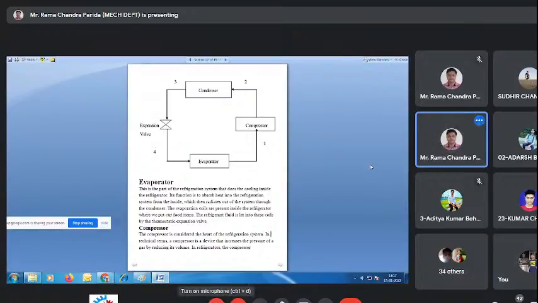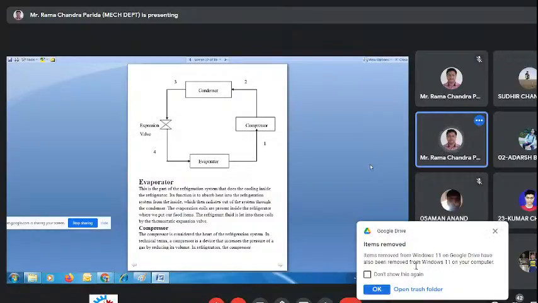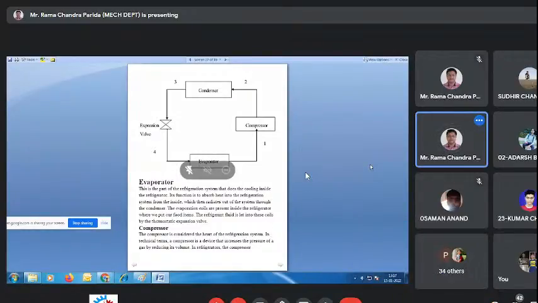Actually, earlier the refrigerants being used were R22, R123. But in 1987, there was a global agreement body formed, the Montreal Protocol.